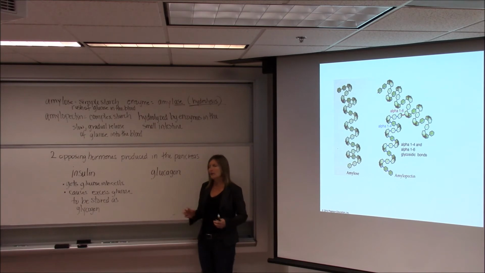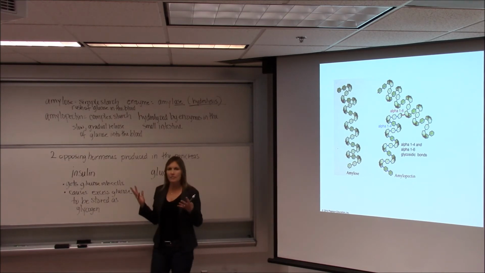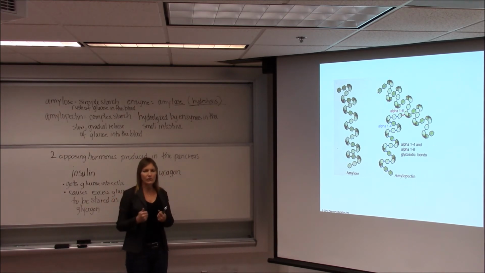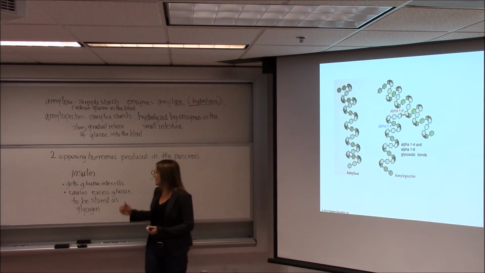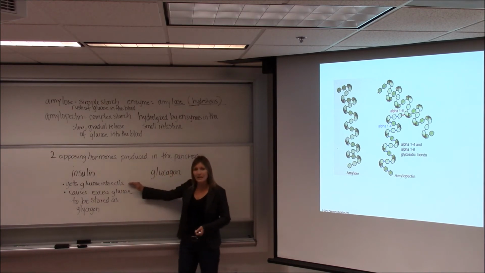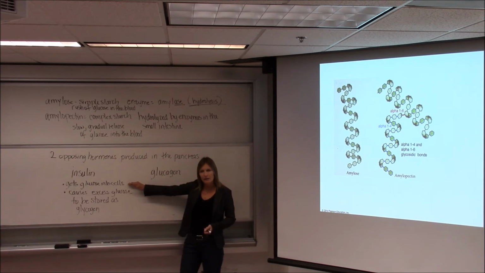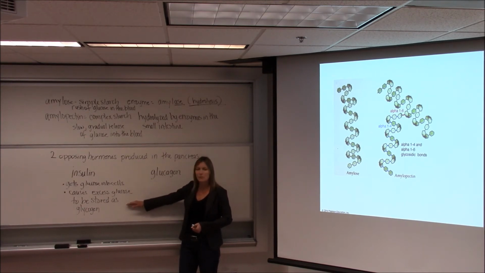And those can be very damaged by something as big as glucose staying in the bloodstream for a long period of time. So you eat this giant plate of pasta, and you get this rush of blood sugar, and a certain amount of that glucose is going to get into your cells, and it's going to go through cell respiration, and we're going to make ATP from it. Anything that's excess after a certain period of time is going to be stored as glycogen in the liver.